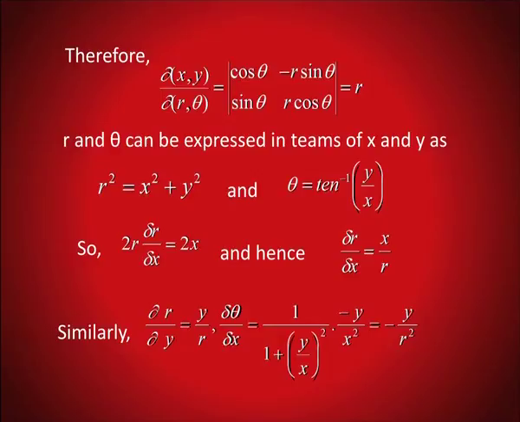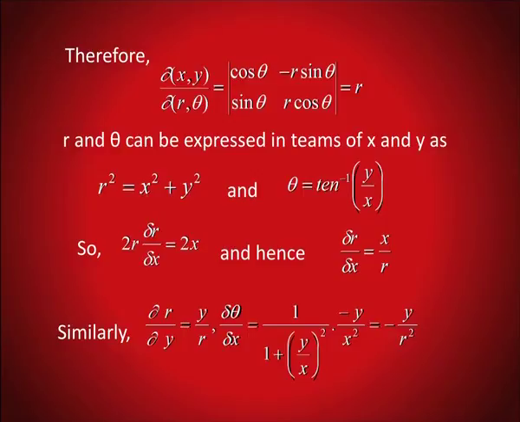Del theta over del x is equal to 1 upon 1 plus y by x whole square multiplied by minus y upon x square, that is equal to minus y upon r square. And similarly, del theta over del y is equal to 1 upon 1 plus y by x whole square multiplied by 1 by x, that is equal to x upon r square.